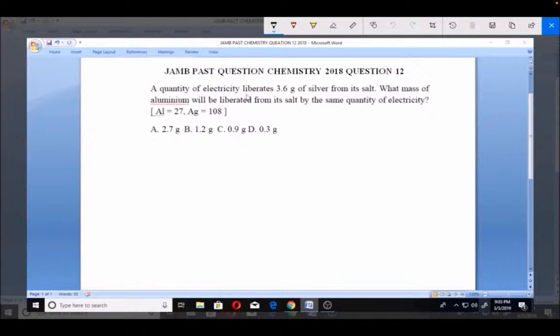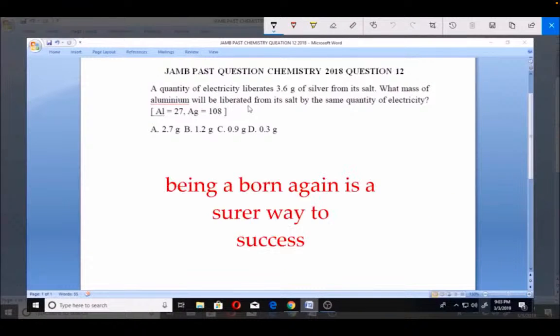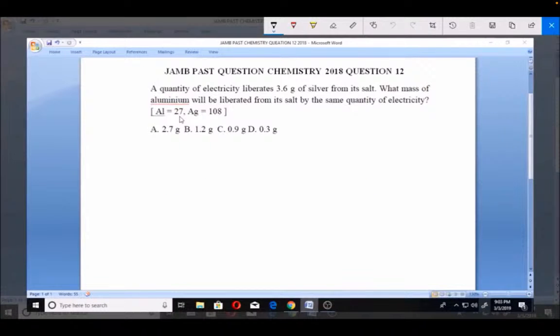What mass of aluminium will be liberated from its salt by the same quantity of electricity, given that aluminium is equal to 27 and silver is equal to 108? Option A, 2.7 gram. B, 1.2 gram. C, 0.9 gram. D, 0.3 gram.